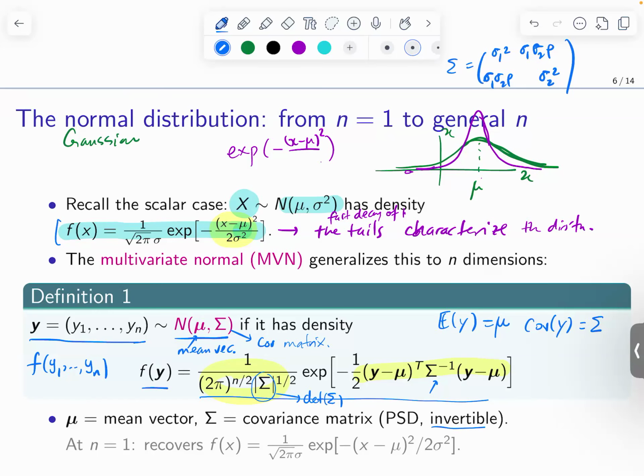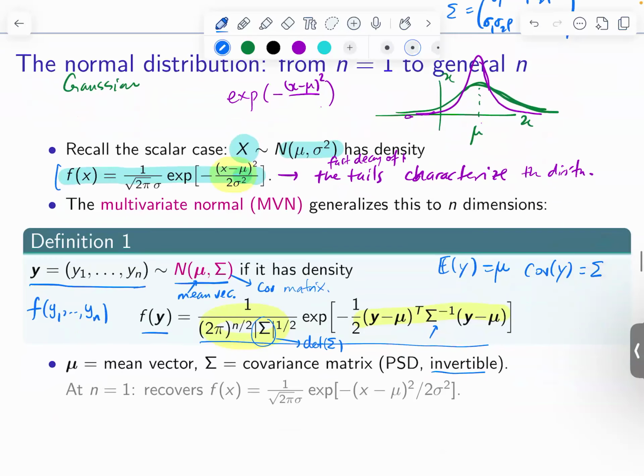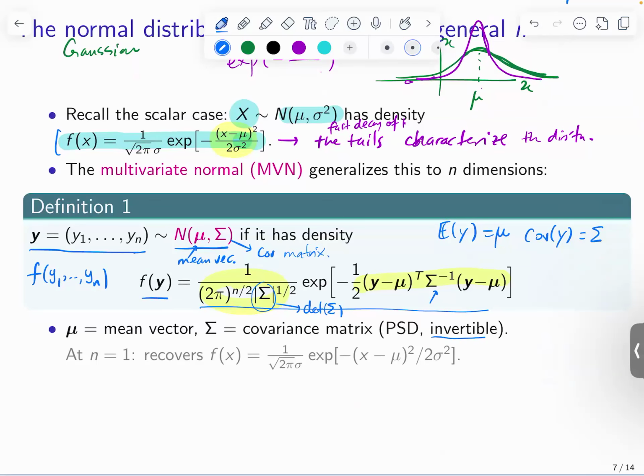So this encompasses all the things we've seen about them, and I would argue it's nicer. This is a general quadratic form in y.